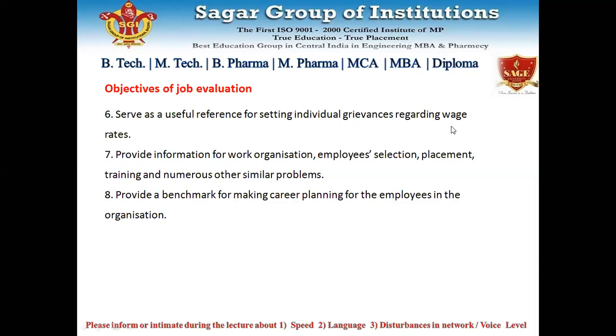Even a new person who is joining the organization, or a person who is already in the organization, should know. Whosoever is the boss should also know, and the employee working under that boss should also know: what will be my working profile, how I'll be selected for a particular project.